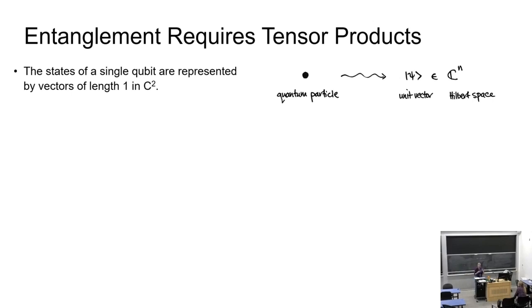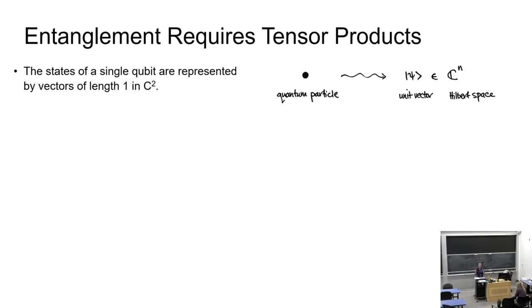What's its state? And to answer this question, we need to think about our qubit being represented by a unit vector in a vector space. In our particular system, we're thinking about vectors of length 1 in the two-dimensional complex plane.